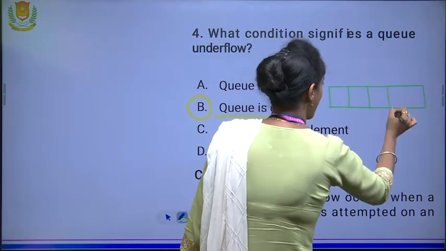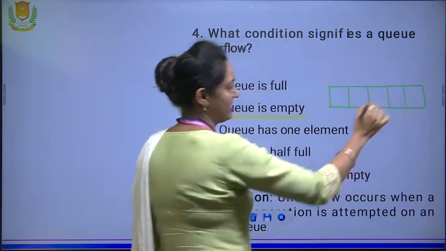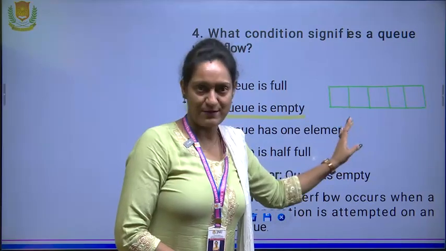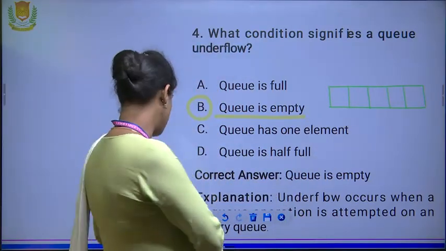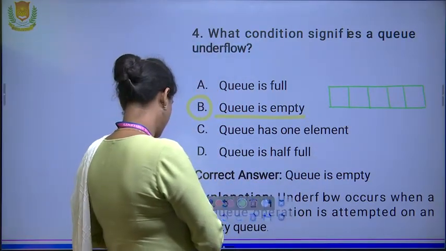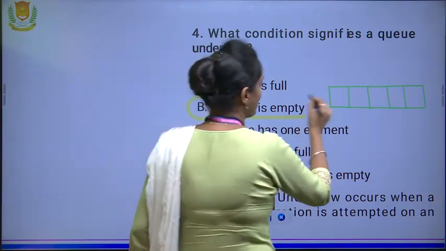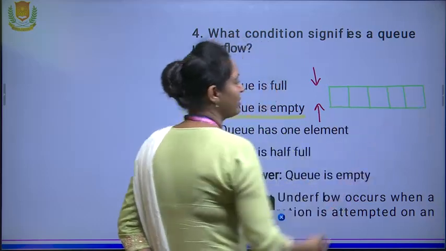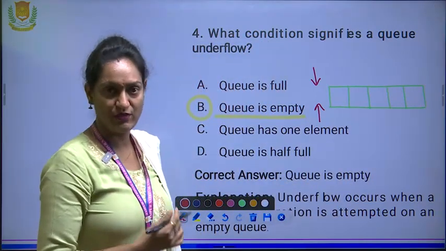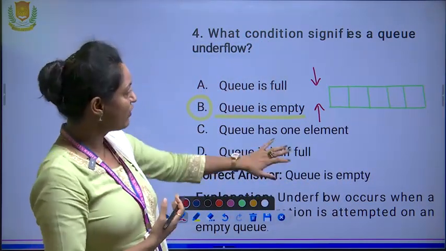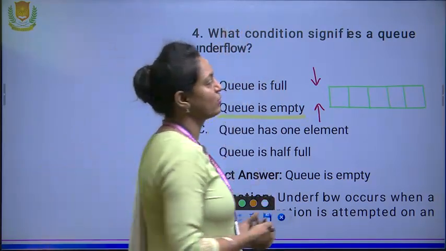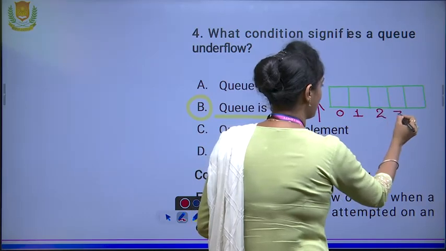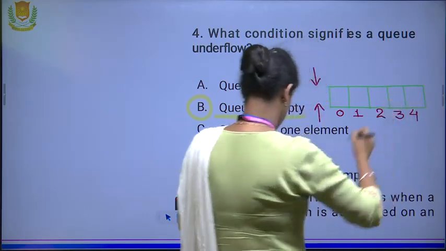We have 5 boxes and the queue is empty. If the queue is empty, that means both of the pointers are pointing here. If we are using arrays for representing a queue, the index values will be 0, 1, 2, 3 and 4, right?